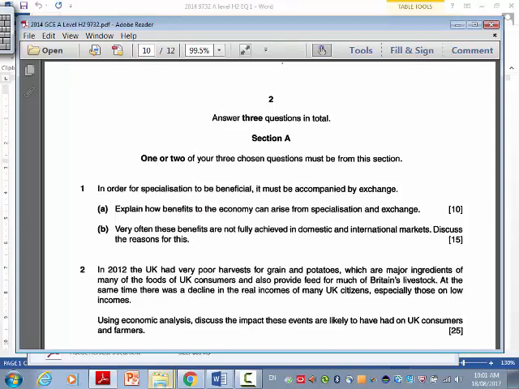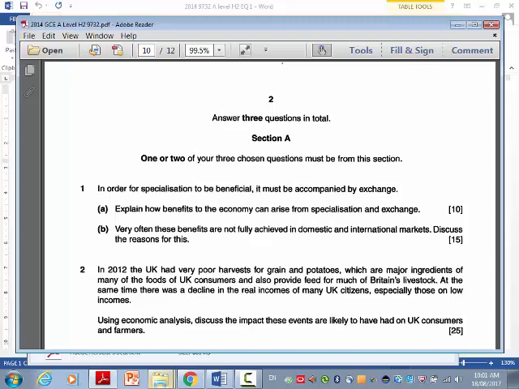Another reason why I chose this question is for part A: how should I be answering it? Explain how benefits to the economy can arise from specialization and exchange. Exchange here suggests that we are talking about 2 countries, and what I'm looking out for is the term trade.